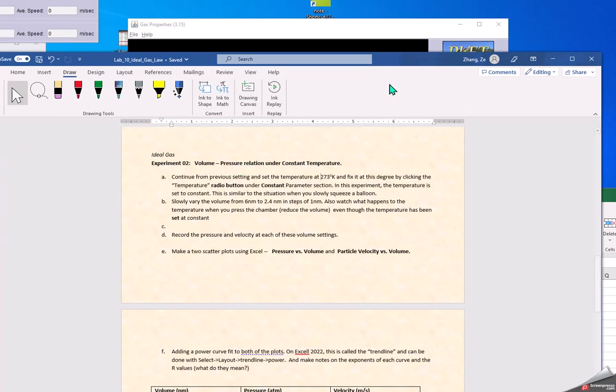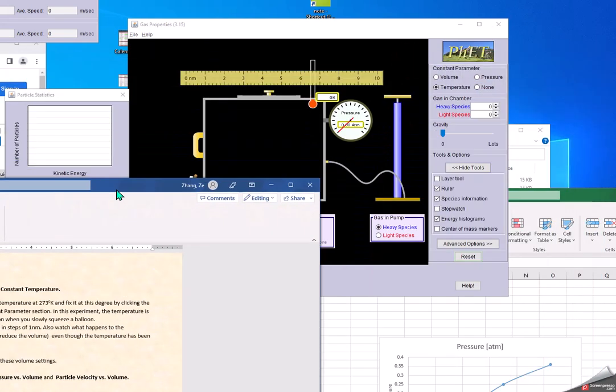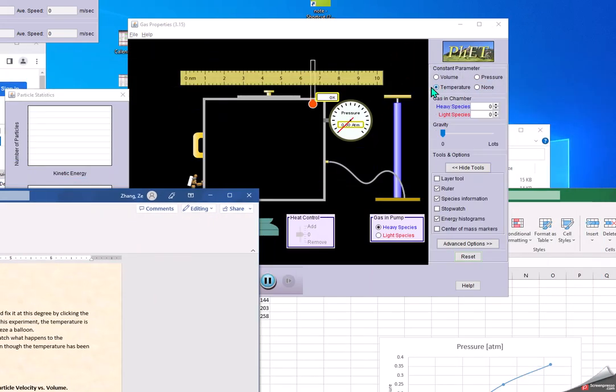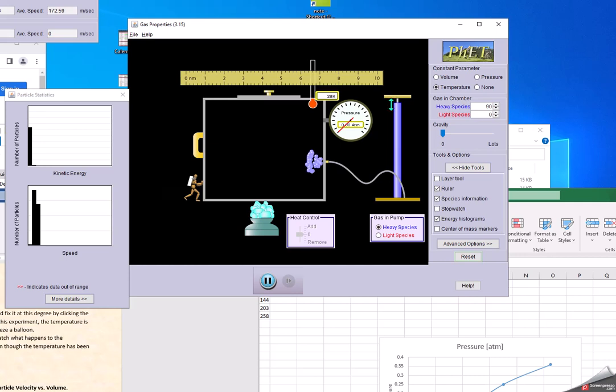Okay, so first you say constant temperature, which means you're not going to change the temperature. Click this constant temperature button, and then you can vary the volume and see how the pressure changes. Vary volume, how pressure changes. Okay, of course you close the lid, and then it gives you some species. You do the same thing at constant temperature.